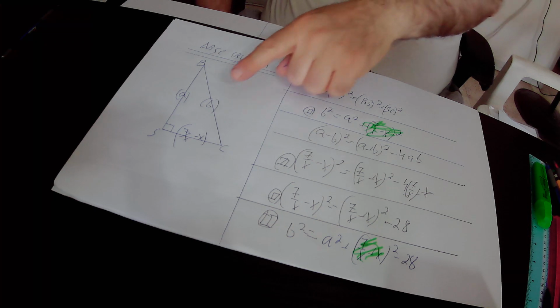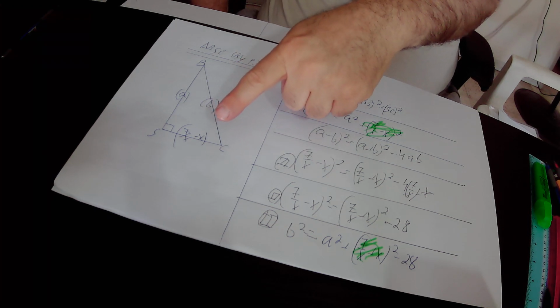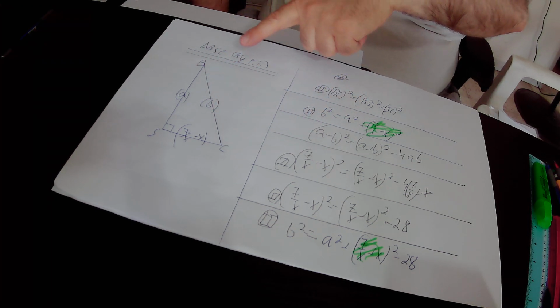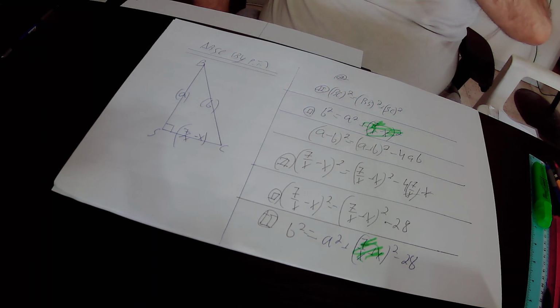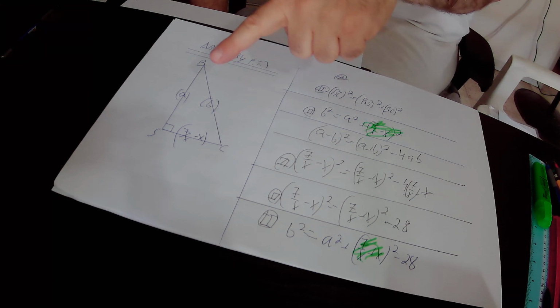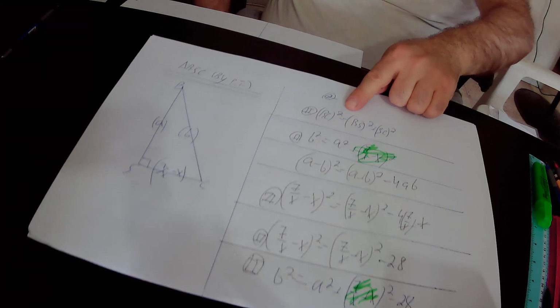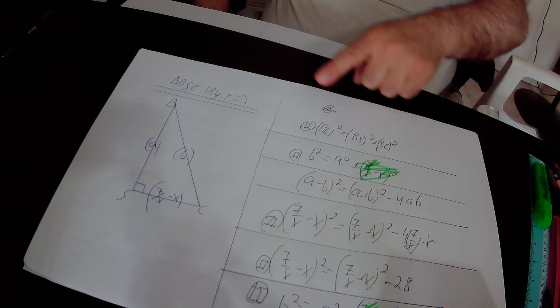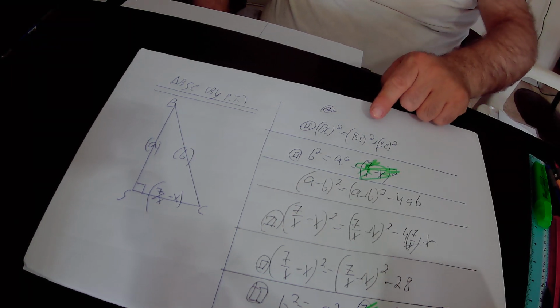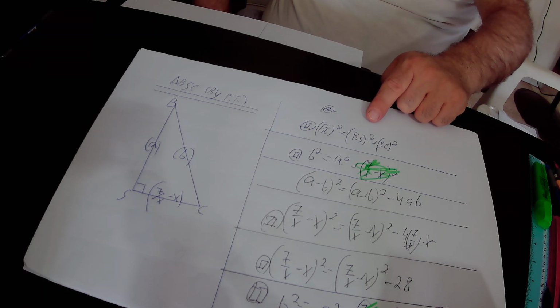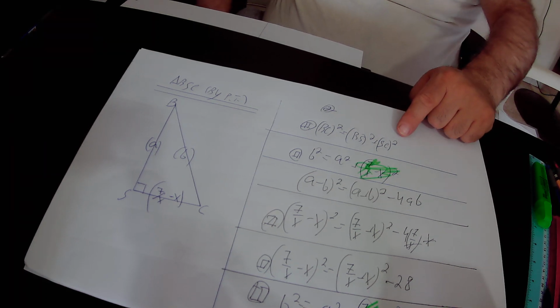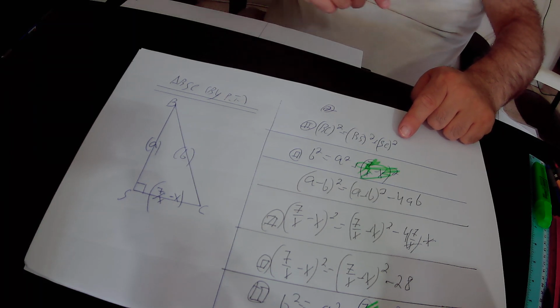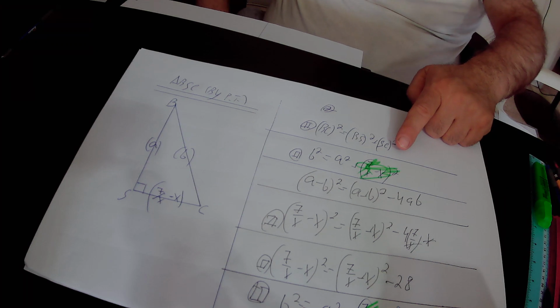We just found out that side SC equals 7 over x minus x, BS equals A, and the hypotenuse BC equals B. So according to the Pythagoras theorem, in this right triangle BSC, BC squared equals BS squared plus SC squared. BC is B, therefore BC squared is B squared, and it equals BS squared. BS is A, therefore BS squared is A squared, plus SC squared. SC is 7 over x minus x, therefore SC squared is 7 over x minus x, all squared.